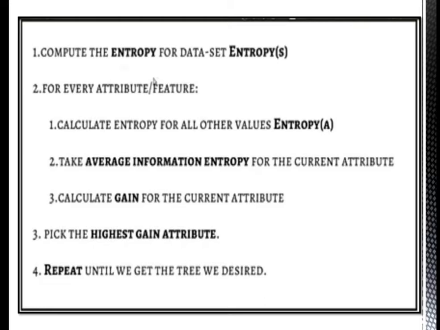Then we calculate the information gain for the current attribute. Like this, we have to find the information gain for all the attributes present in the data set. Then pick the attribute having the highest information gain. We go on repeating this process until we get the desired tree.